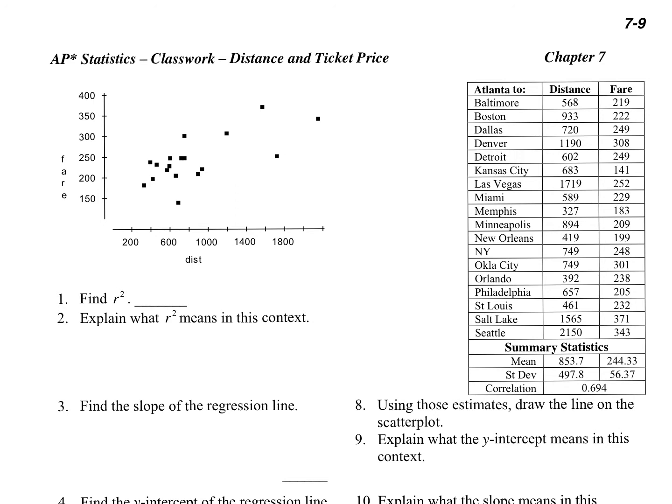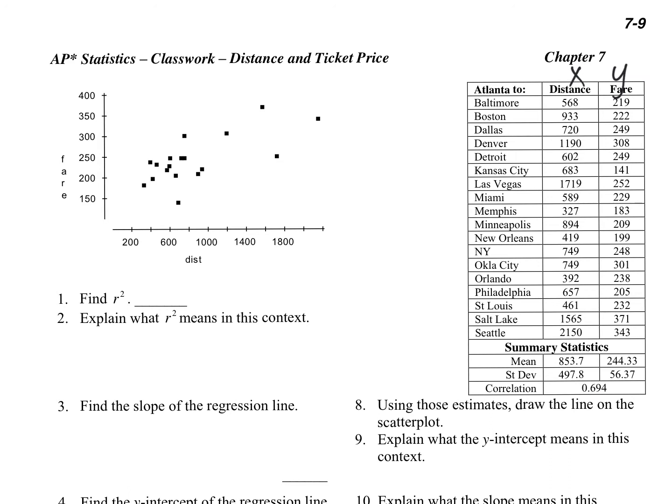Find r squared is the first thing we're asked for. We have the data, and it gives us our summary statistics, the mean and the standard deviation for the distance, which is our x, and the fare, which is our y. So we have our summary statistics and the correlation. If I'm given correlation, how do I find r squared?